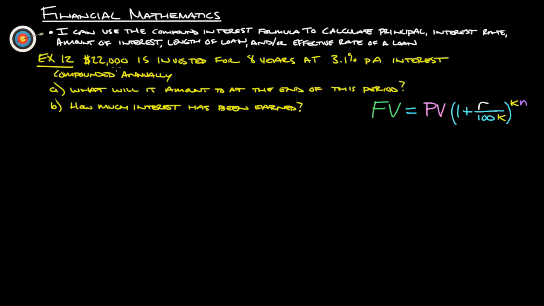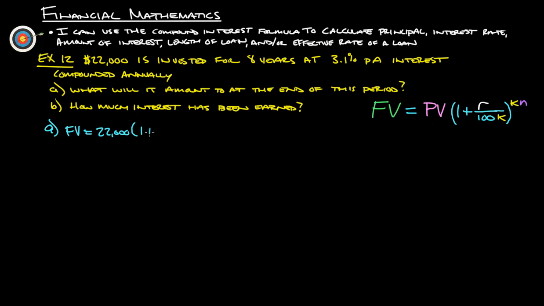Example 12: $22,000 is invested for 8 years at 3.1% p.a. That stands for per annum, or annually, annual interest compounded annually. So what will it amount to at the end of this period? We're going to use our formula and solve for FV. The present value, the original amount, is $22,000.